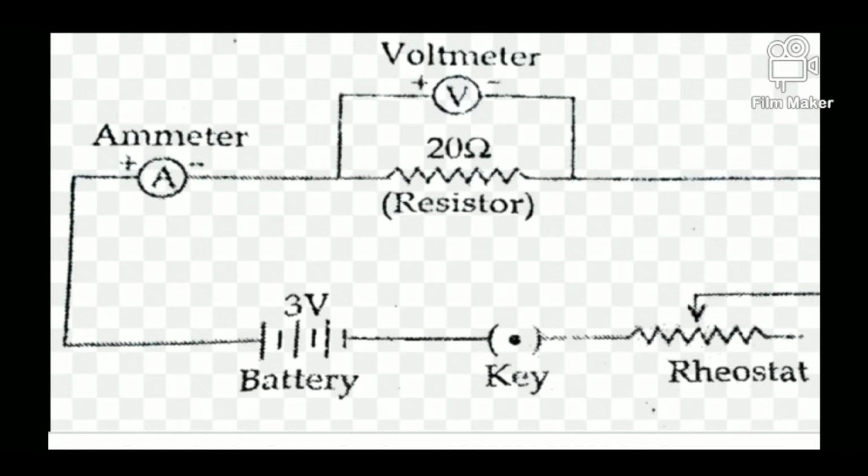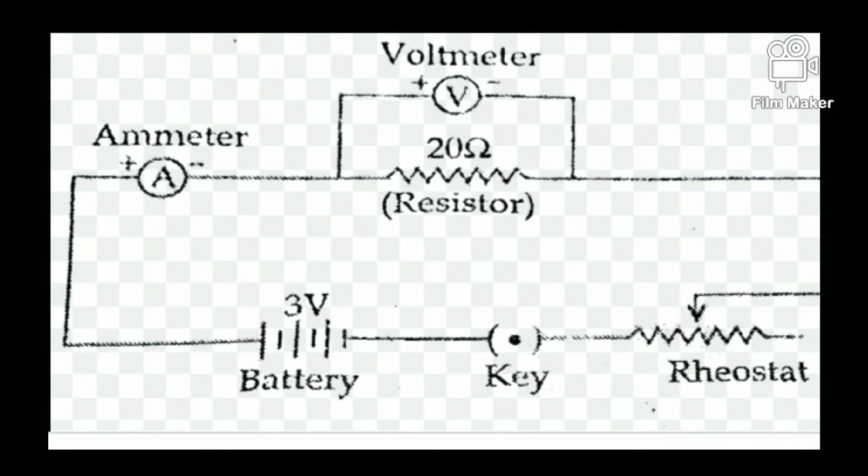The SI unit of current is the ampere, and 1 ampere is 1 coulomb per 1 second. You should also keep in mind that weak currents are measured in milliamperes, denoted by small m and capital A.